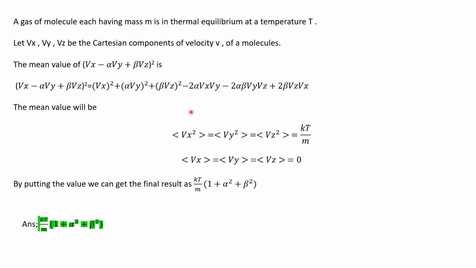And again we know that the mean value of Vx square, Vy square and Vz square is KT/m, whereas the mean value of Vx, Vy and Vz is 0. So by putting the values in this equation, the final result will be that the mean value of (Vx minus alpha Vy plus beta Vz) whole square will be KT/m (1 plus alpha square plus beta square).